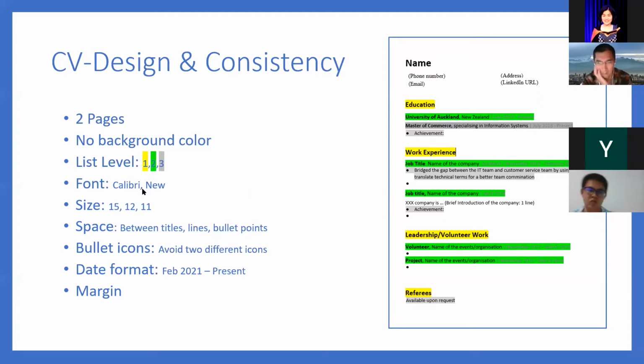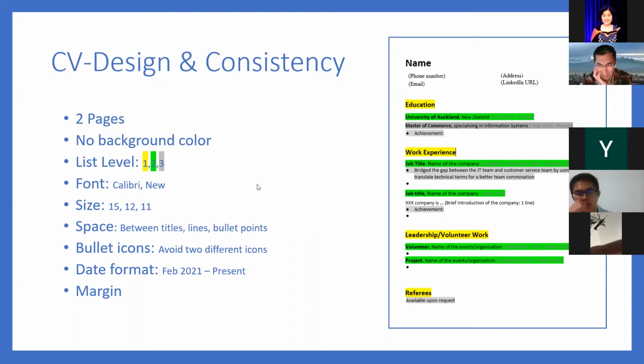Regarding the font, you can try out different fonts. When I was writing my CV, I tried quite a few different fonts, and I found Calibri is the one that looks the best in my CV. Some of my bullet point sentences are quite long, and if I use Times New Roman, it exceeds 2 lines. So in order to make my description fit within 2 lines, I used Calibri.